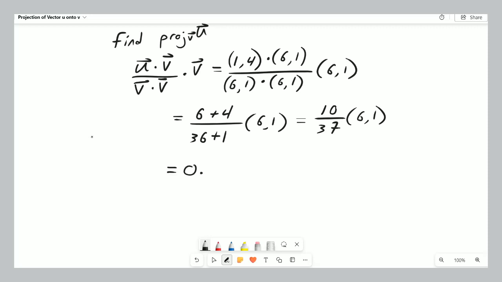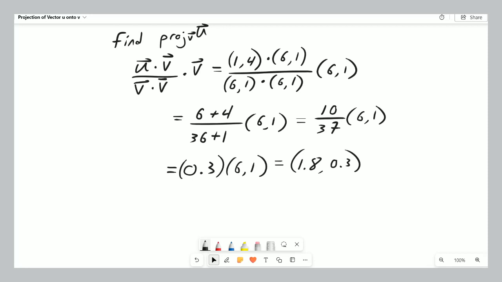So 0.3 times 6, 1, and that gives us approximately 1.8 and 0.3.